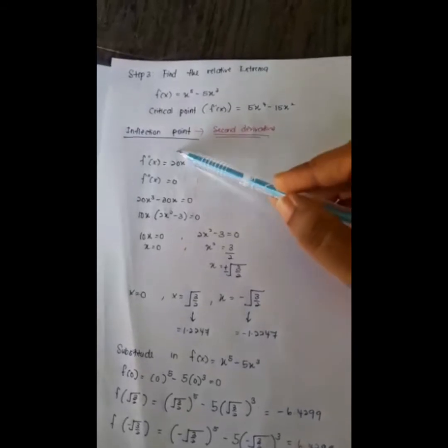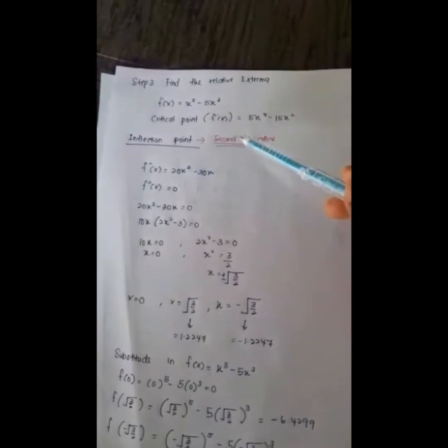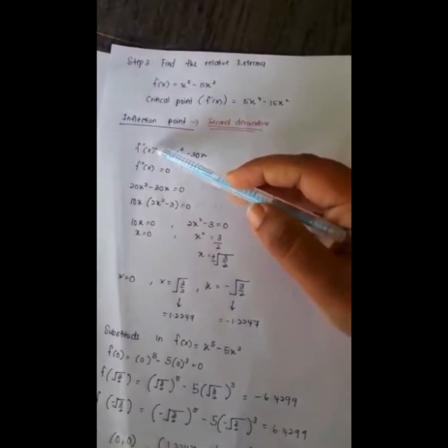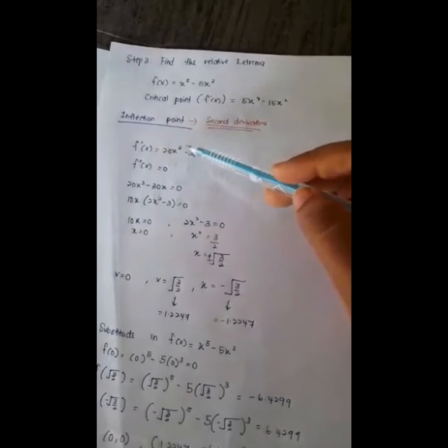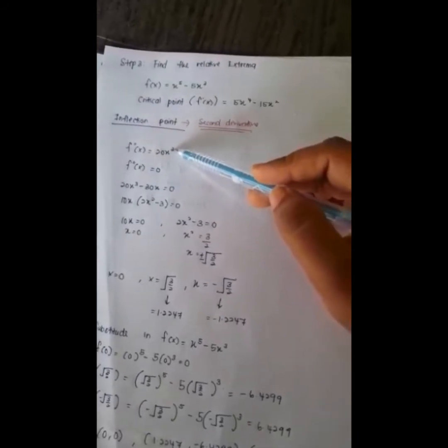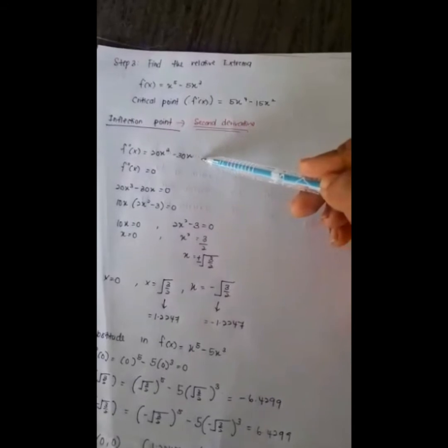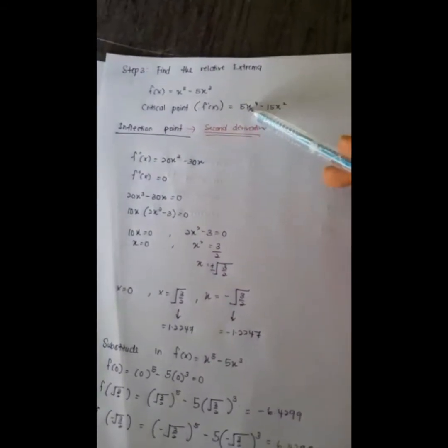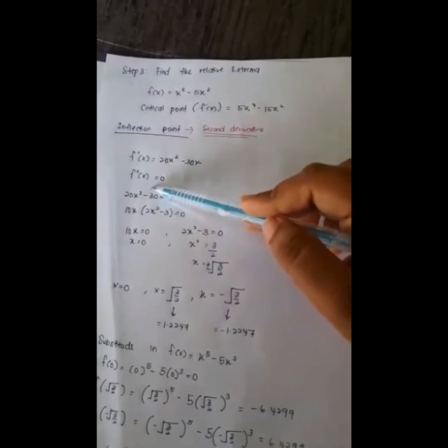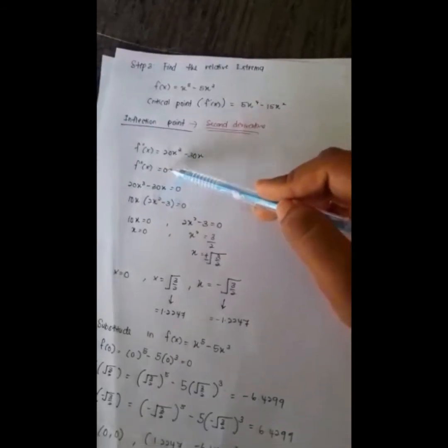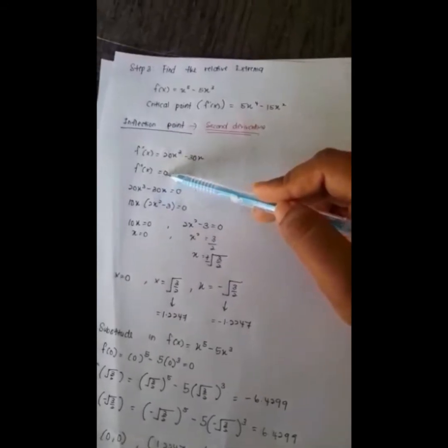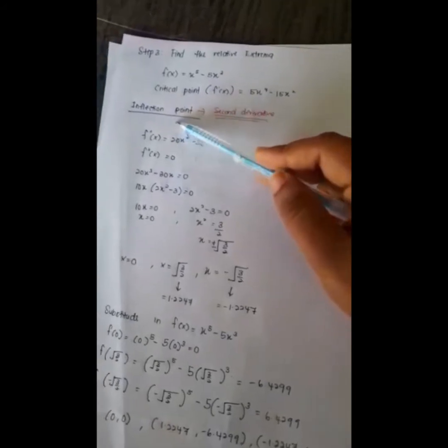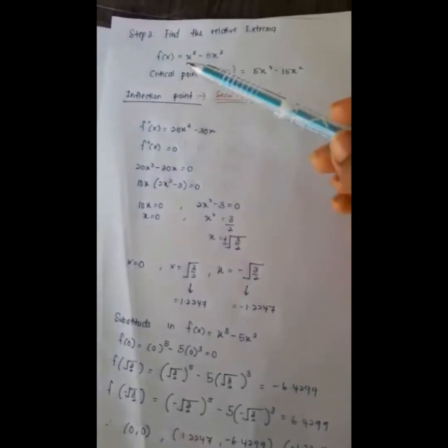If they say inflection point, we have to remember that we use the second derivative. f prime x equals 20x power 3 minus 30x. I take the derivative of this function to get the second derivative, and this must equal 0. Just remember, for an inflection point we have to use the second derivative.